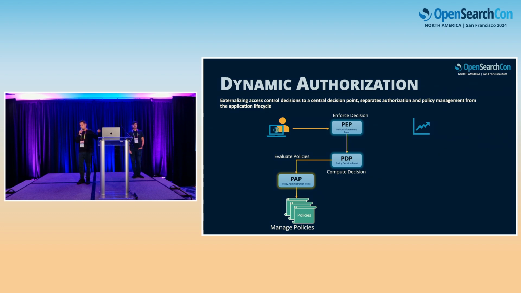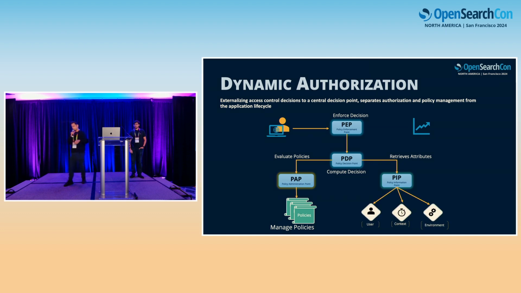You can manage policies, create, delete, and create many others based on department and so on. When the policies are pulled in, there are placeholders where attributes have to be induced from the external systems, like we discussed in the last slide: the user attributes, context, and environment attributes. Once the decision is computed, it is told back to the PEP, and PEP finally grants or denies access to the particular resource.